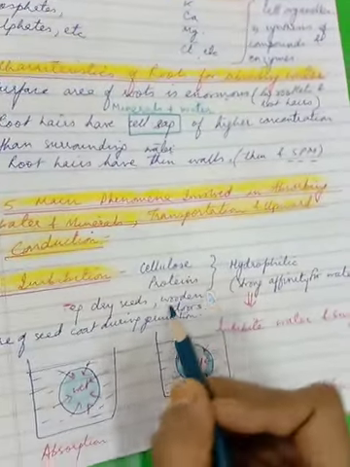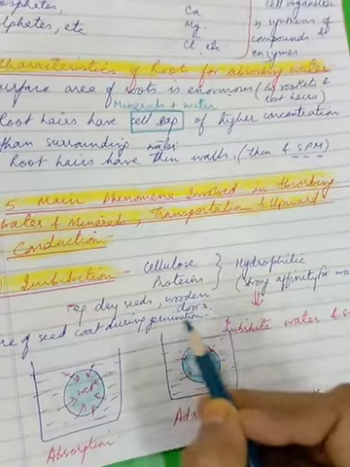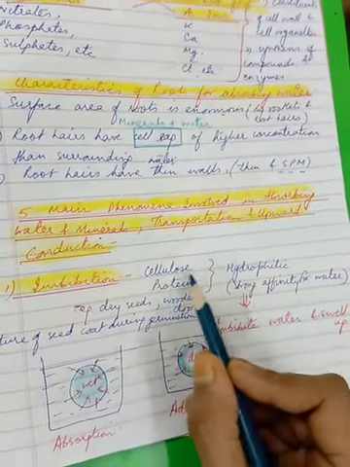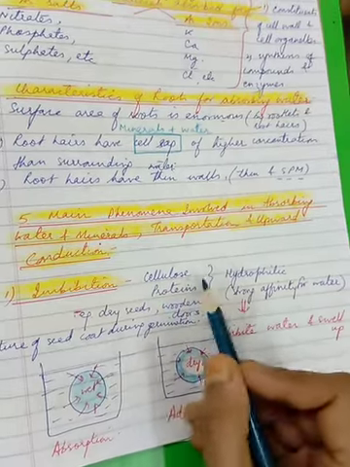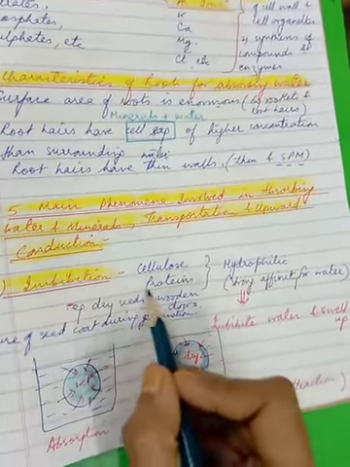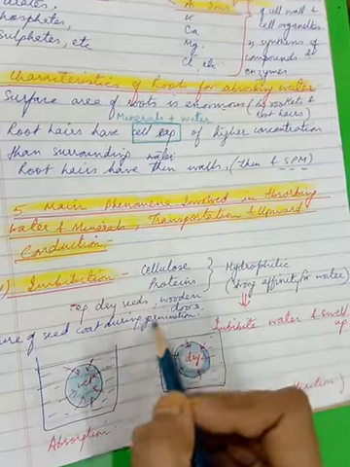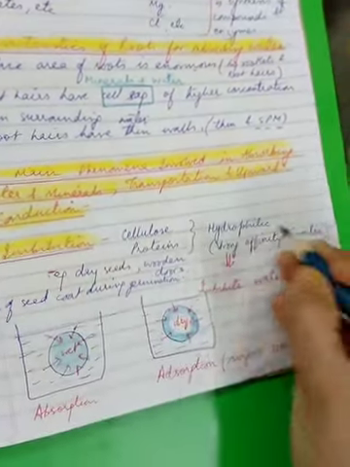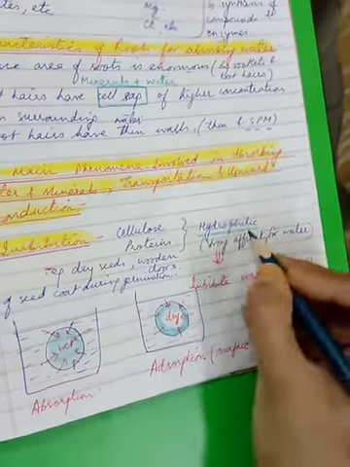The first example is wooden doors, they swell up. The second is a proteinaceous diet, animal protein if we especially talk about, or plant protein. Or swelling up of dry seeds. Now what happens, children? There are certain substances which are called hydrophilic.